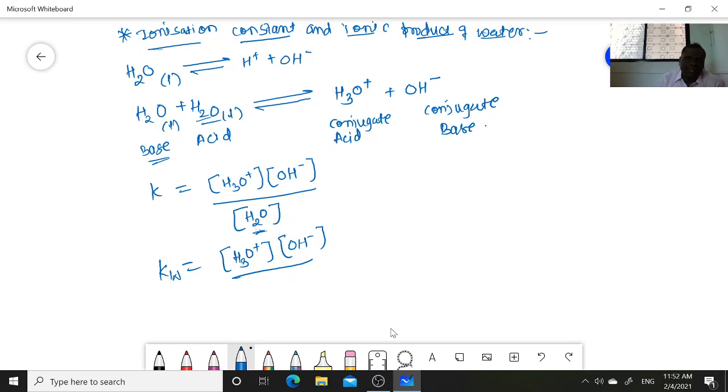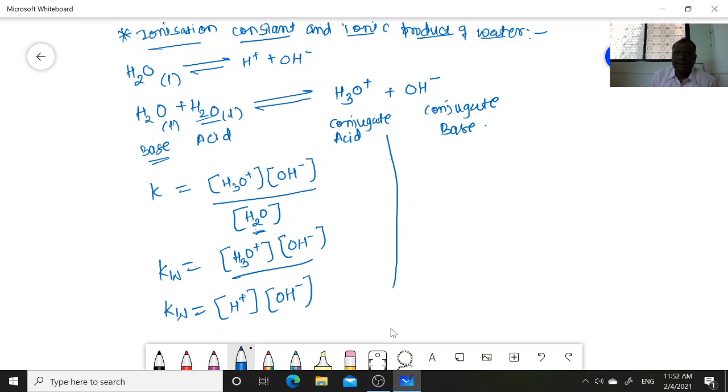Instead of writing H3O plus, the hydronium ion concentration, we can write simply H plus multiplied by OH minus. Now this is the ionization constant of the water.